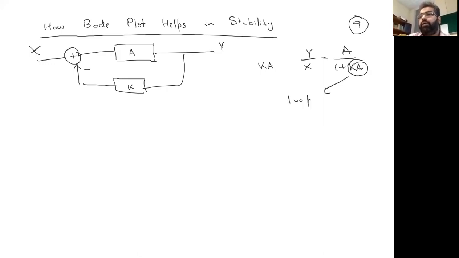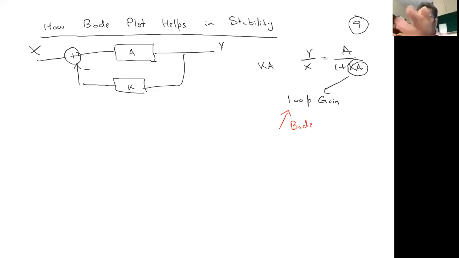That loop gain is very important. We use this loop gain ultimately to ensure the stability of the system. So we do the Bode plot of this loop gain, and then we try to figure out how things happen.